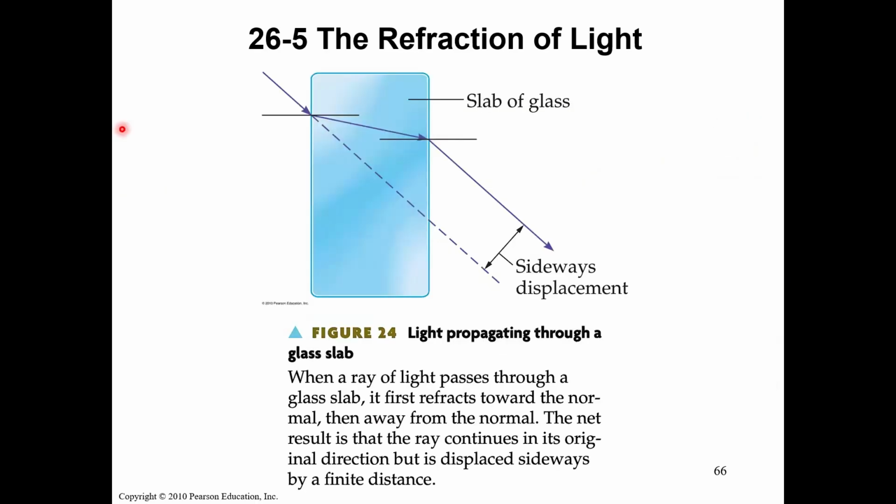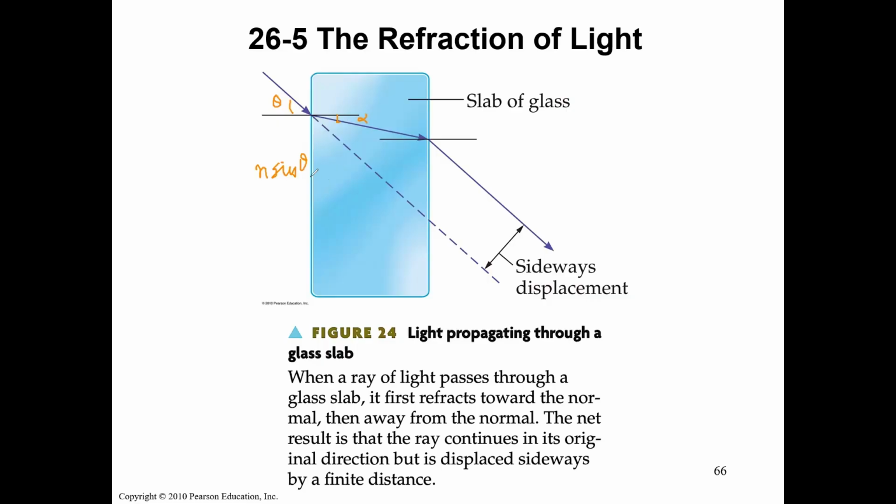Okay. This is another situation. You have a slab of glass and you have light propagating through it. So you have basically n sine theta outside the glass. Theta is this angle of incidence, and then it becomes this angle alpha in here.